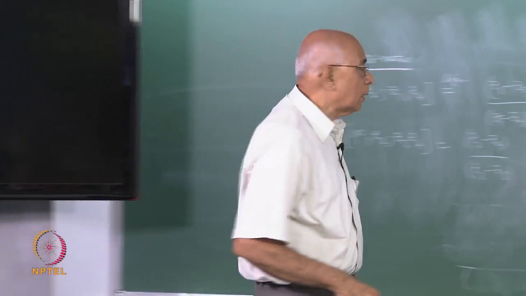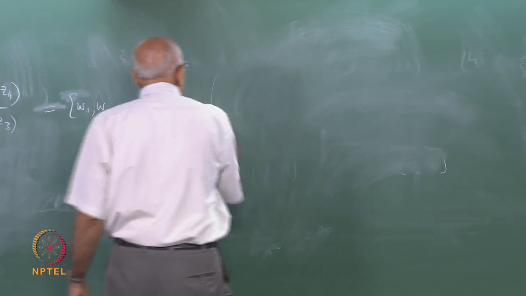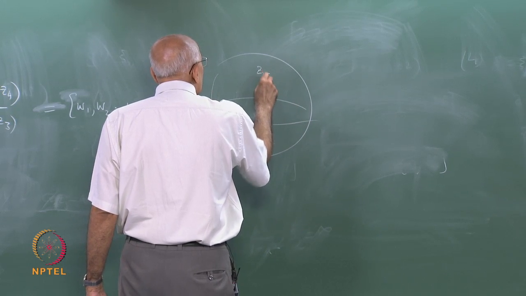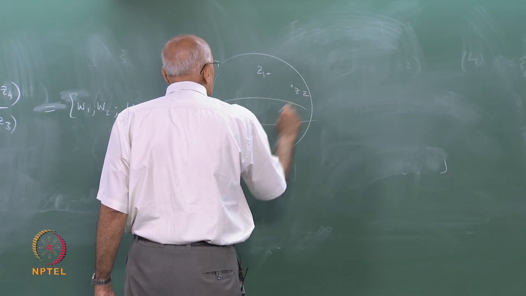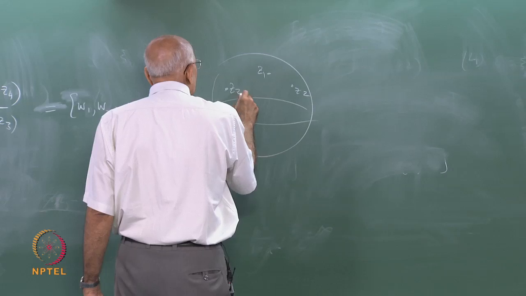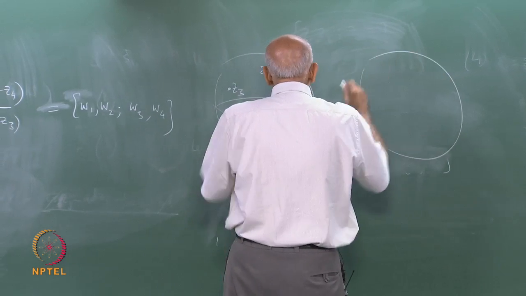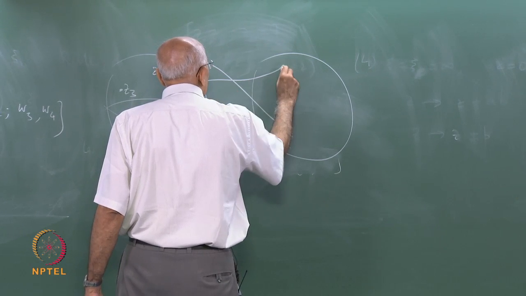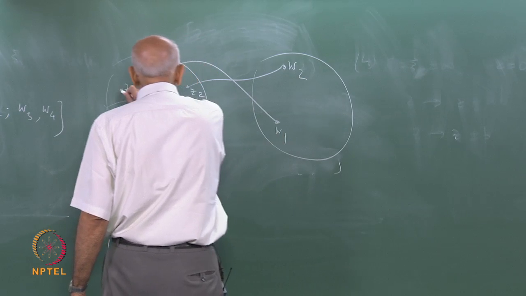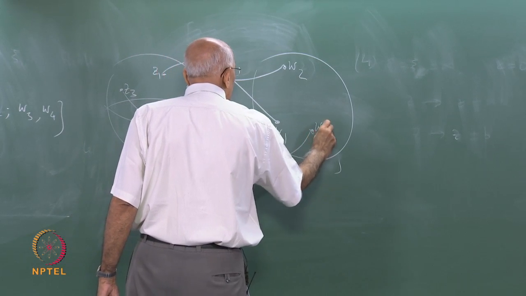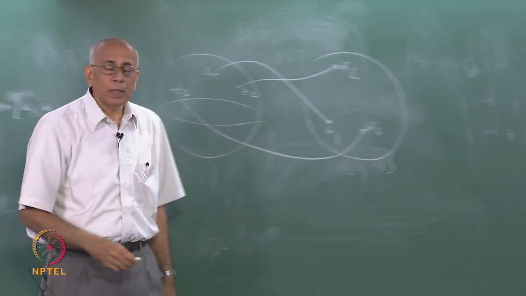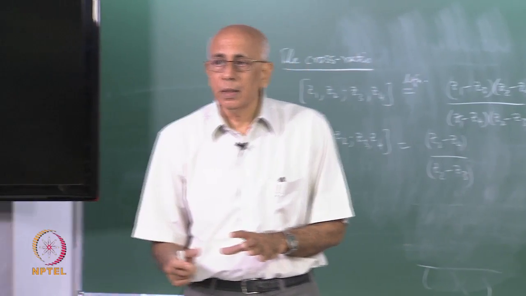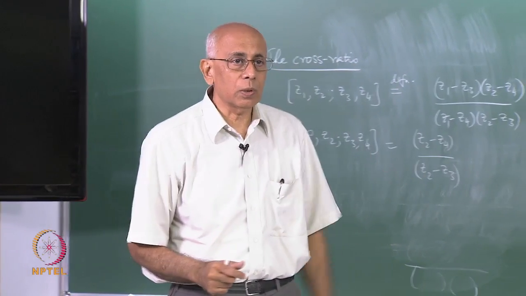In other words, if on the Riemann sphere you specify a Z1, a Z2 and a Z3, and you tell me that these points should be mapped to W1, W2 and some W3, then my assertion is there exists a unique Möbius transformation which will do this mapping one to the other.